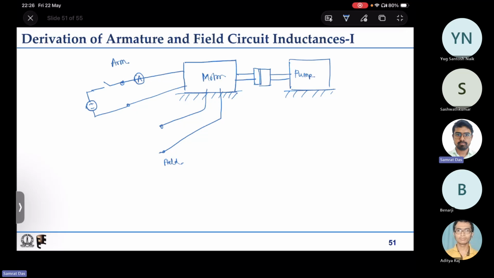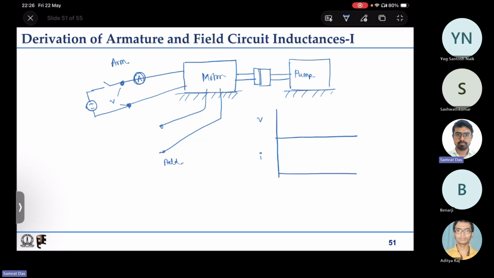We need to get the waveforms. We need to probe some voltage probes here, so we will be measuring the voltage here and the current there. In the digital storage oscilloscope, we will be looking at the voltage as well as current in the armature winding as well as in the field winding.